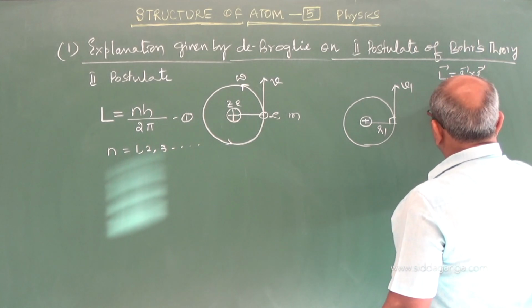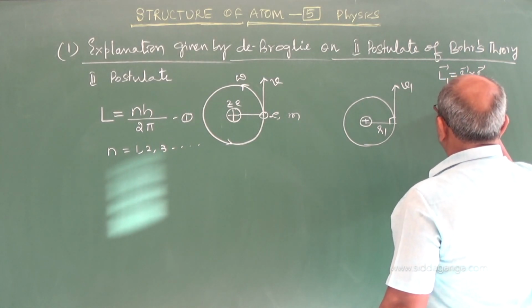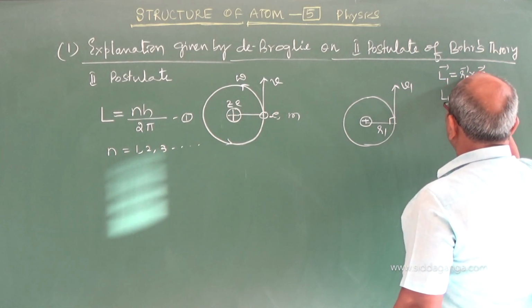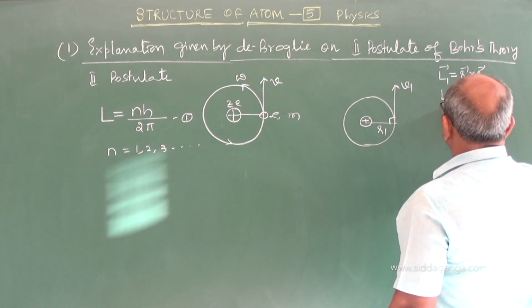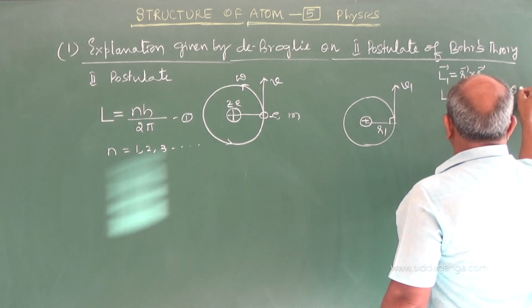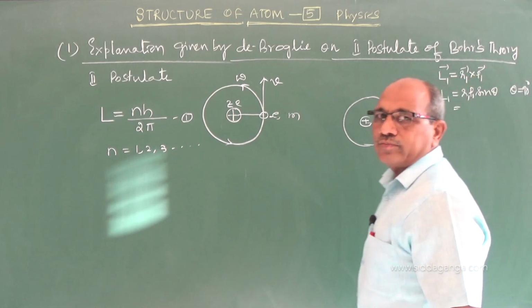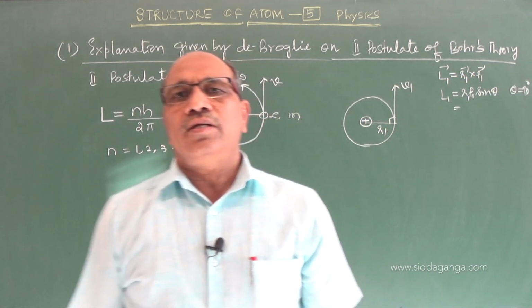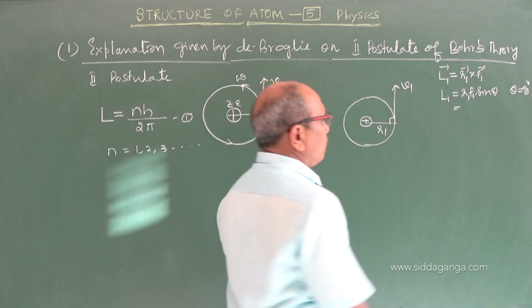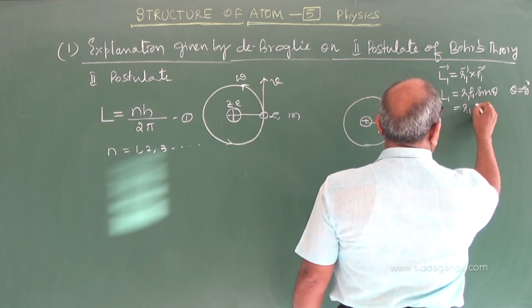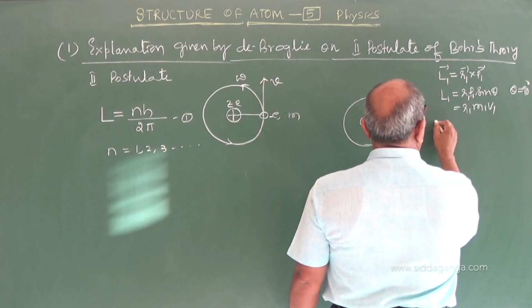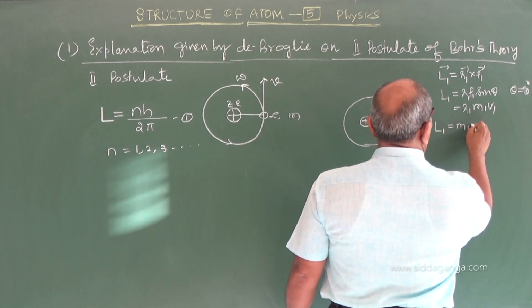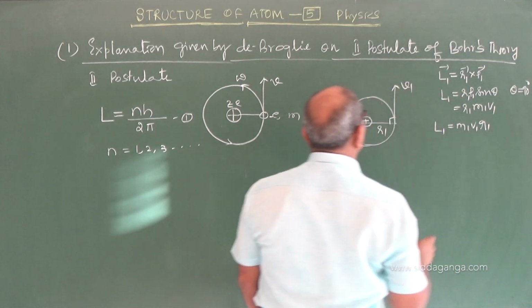The magnitude is r p sine theta, r1 p1. But theta is 90 degrees now. Therefore I can write L1 equal to m1 v1 r1.